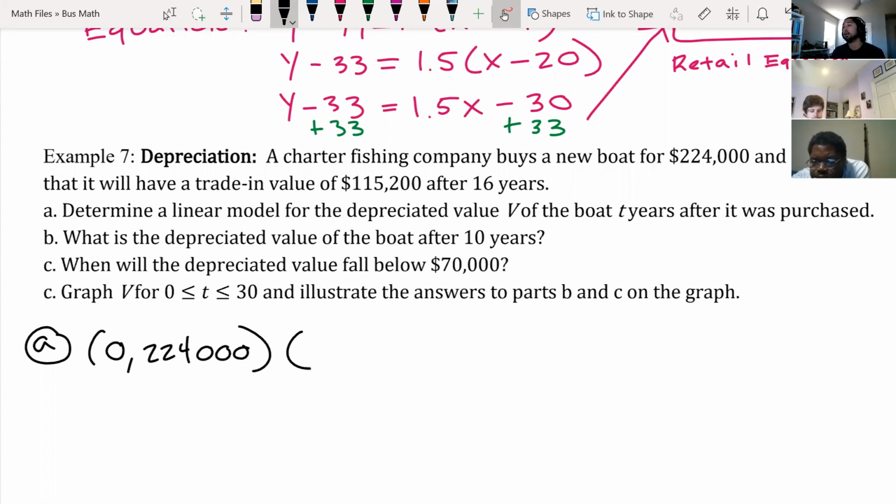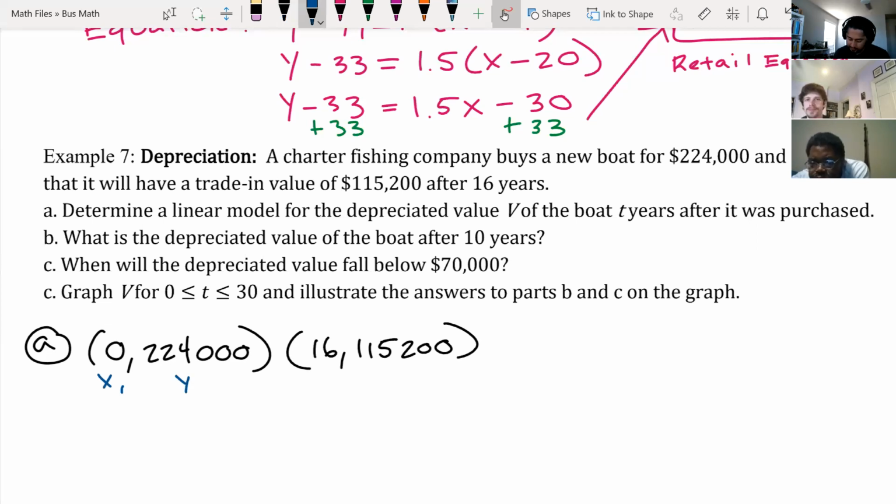And then he wants to sell the boat. And after how many years? 16 years for a price of $115,200. Okay. Well, we know what to do from here because what can we find between 2 points?